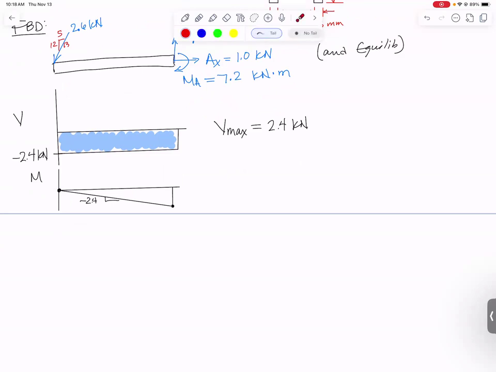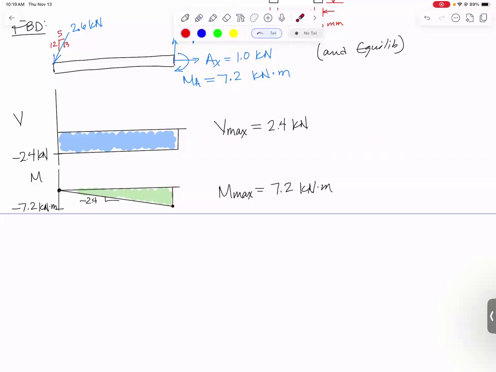If you wanted to calculate it, you could use the area under here, which is 2.4 times 3. Oh, wait, those are the same numbers we used to get the 7.2 in the first place. So definitely down here, we're going to end up at minus 7.2 kilonewton meters. And M max is going to be 7.2 kilonewton meters. And M max is going to act right here at the very, very end of the beam.